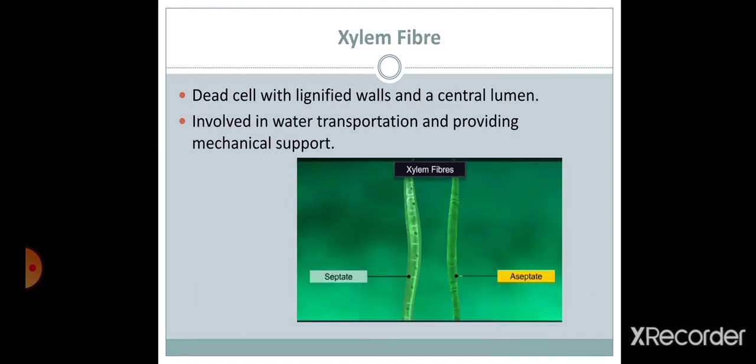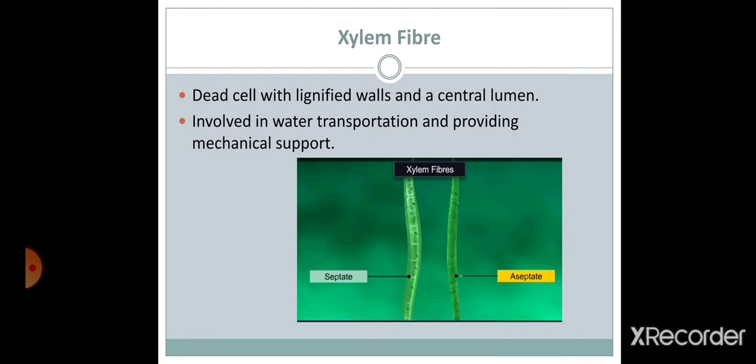So coming to the xylem fibers. They are sclerenchymatous fibers associated with the xylem, so they are also called wood fibers.